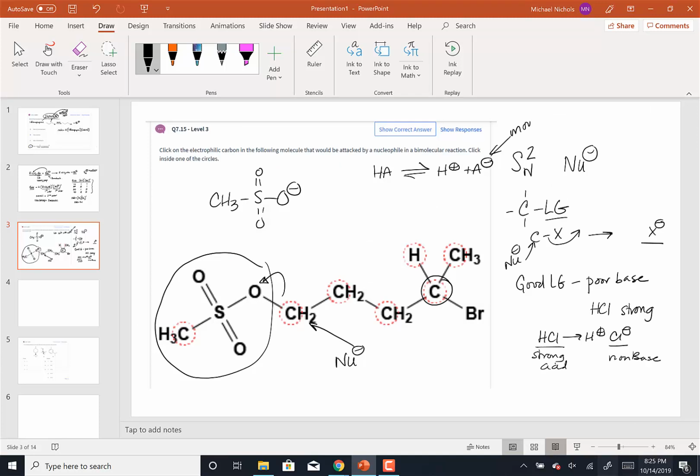So the more stable that you make the conjugate base, the stronger the acid will be.